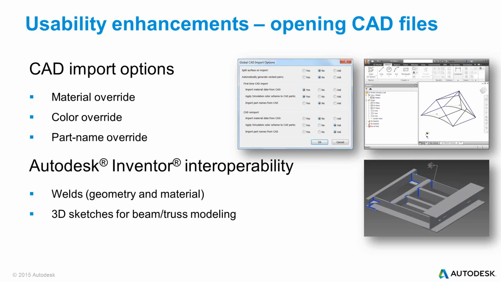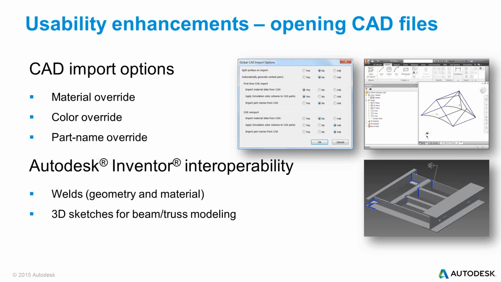We have also improved our Inventor interoperability. This is one of those categories that we strive to be great at. Year over year, we make improvements to our Inventor interoperability. And the 2016 release now can import welded features from Autodesk Inventor models into Simulation Mechanical. If you go back 6 months or so, there was another one of these GoTo webinars where our support team told you how to use welds in Simulation Mechanical.